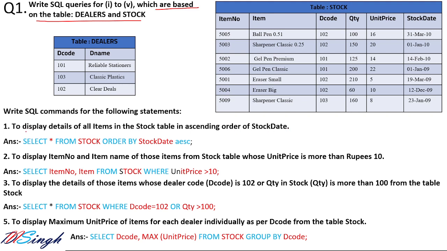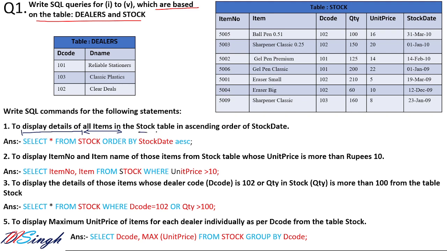First you need to concentrate on the words 'display the details'. Whenever it says display the details of all items, you are going to use the select command, and inside select you will use star, because you want all the columns.